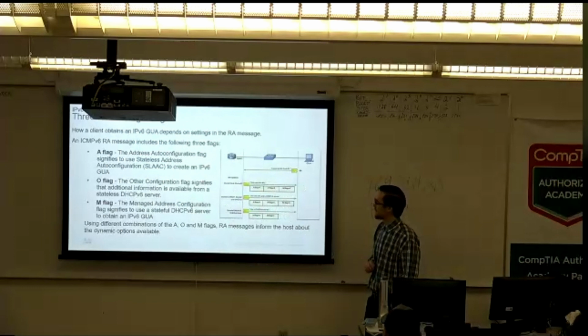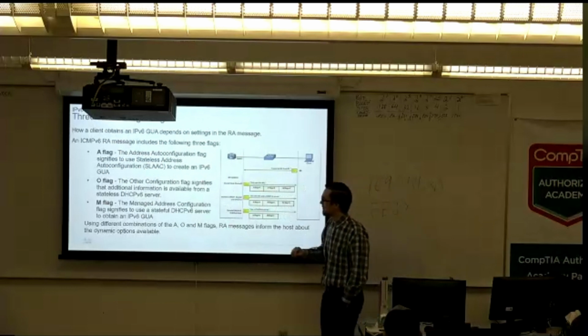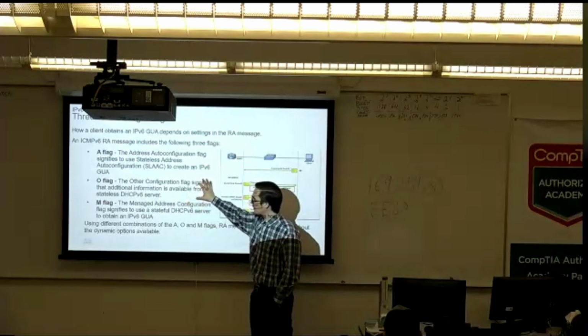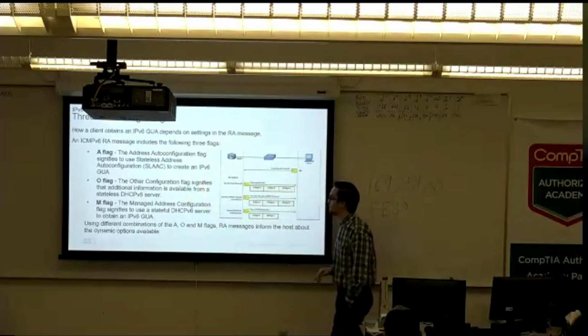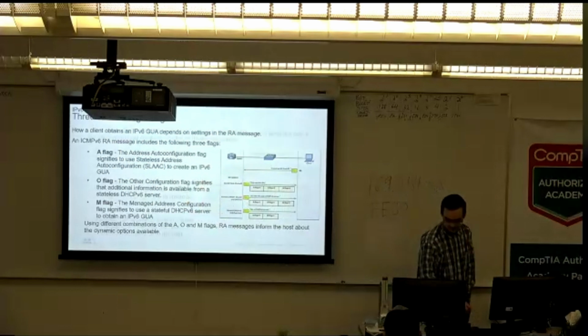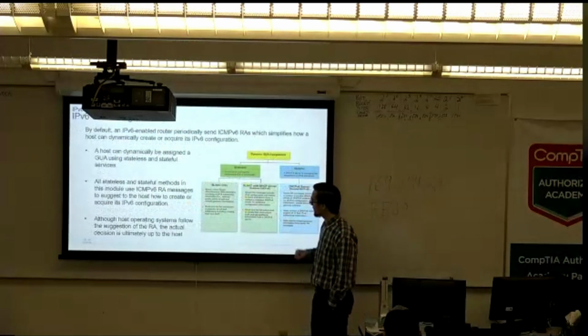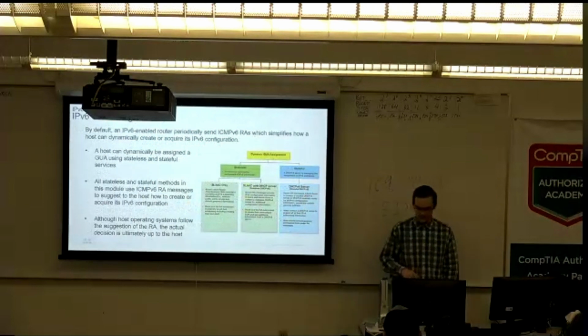So that's full slack. No server. And then this one, additional information. That's the other flag. So you would do this when you need to talk to the server for additional information, other information.